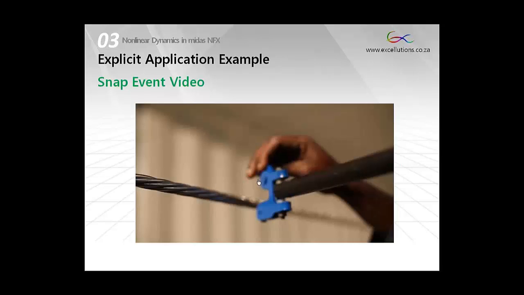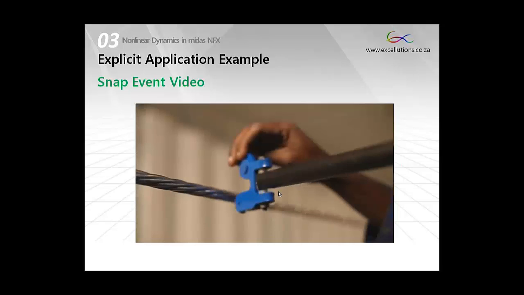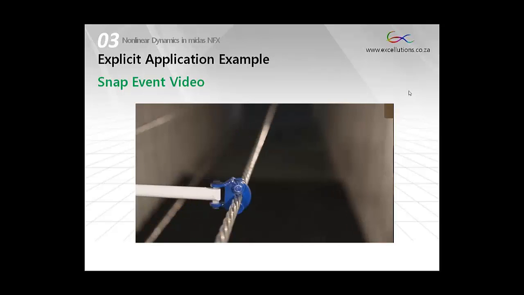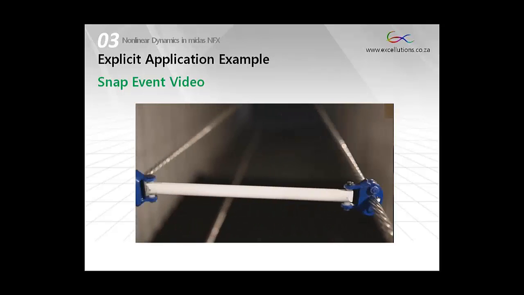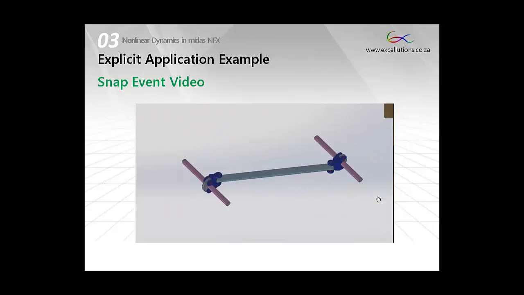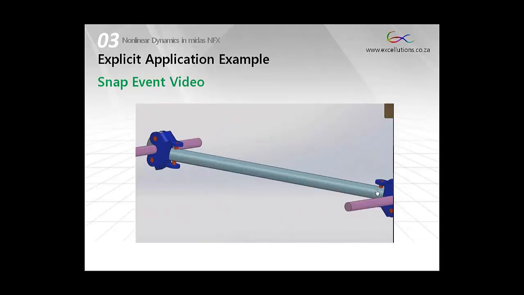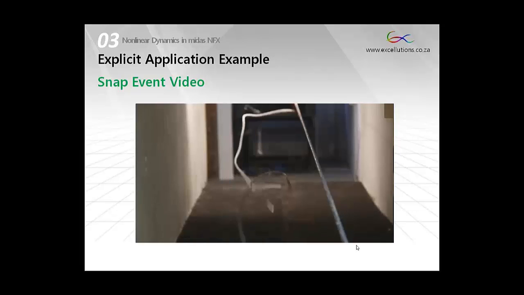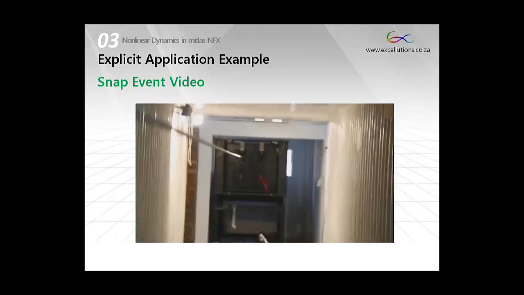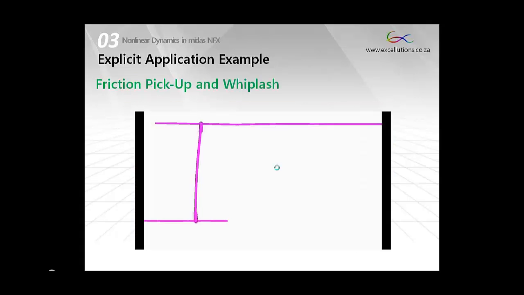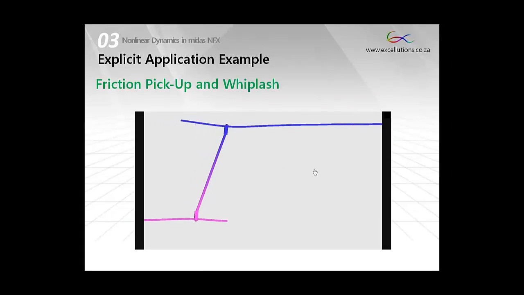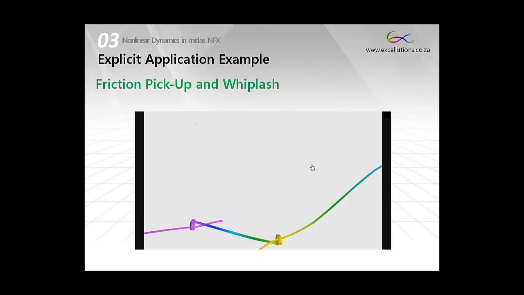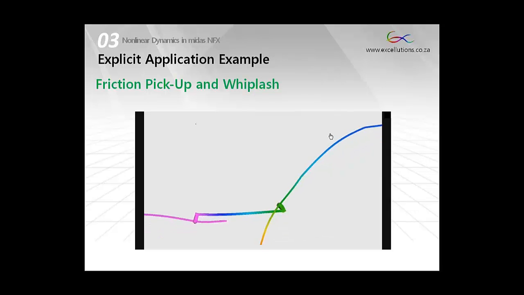The next video clip shows the simplicity of the system as well as the recoil event when the cable severs. This is the results from the explicit analysis, where you can see that the cable picks up the clamp immediately, so there was indeed sufficient friction.